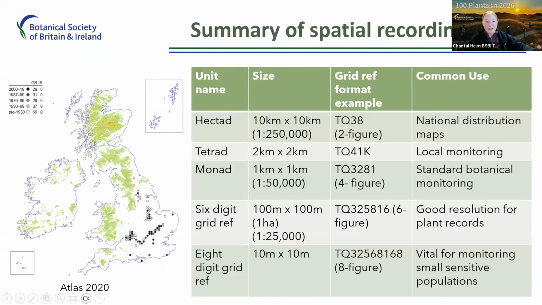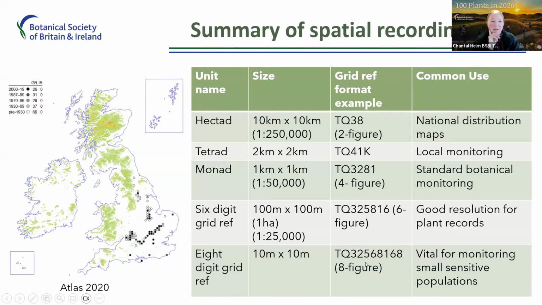Okay, so hopefully with that explanation, you can now see there's the full summary again of the spatial recording units and how they are matched up to different maps, their size, and the terminology, and when we should use them. So I think in total summary, for your plant records on iRecord, a good resolution would be a 6-figure, but if you can get higher than a 6-figure, go for an 8-figure.